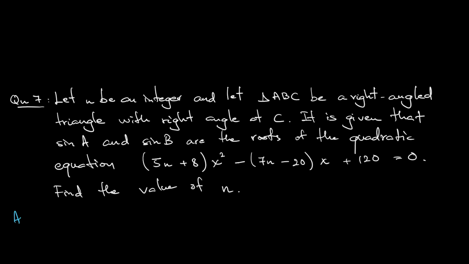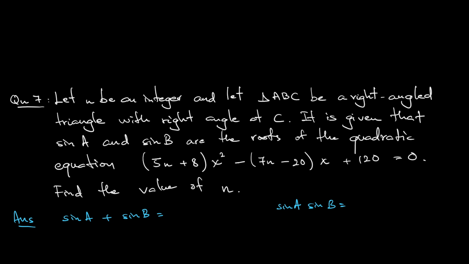Okay, let's try. So first thing first, sin A and sin B are the roots of this quadratic equation. Okay? So that means that I am able to write the sum of the roots and the product of the roots, right?